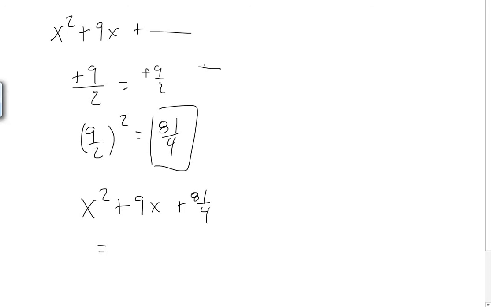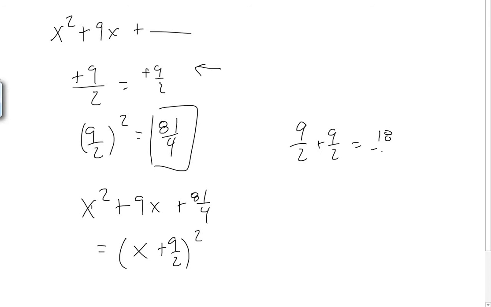Well, what I'm telling you again is that this shortcut, whatever I got when I divided b by 2, is going to end up to be my factor. x plus 9 over 2 squared is x squared plus 9x plus 81 over 4. Think about it. 9 over 2 times 9 over 2 is definitely 81 over 4. But what happens if I add 9 over 2 plus 9 over 2?